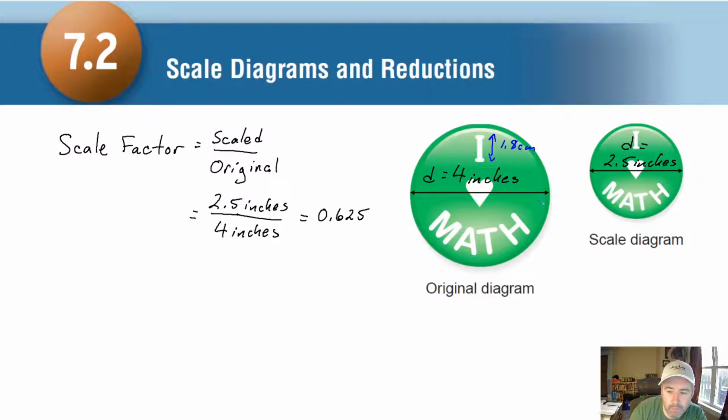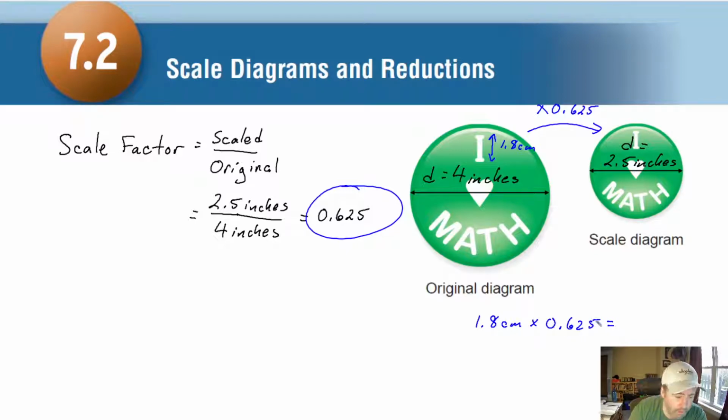So if I'm going from the original to the scale diagram, what we would do is exactly like before. We would scale this to get over here by our scale factor, 0.625. If I take 1.8 centimeters, multiply it by the scale factor, 0.625, I will get 1.125.